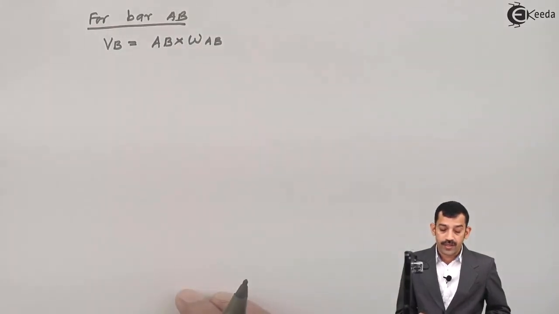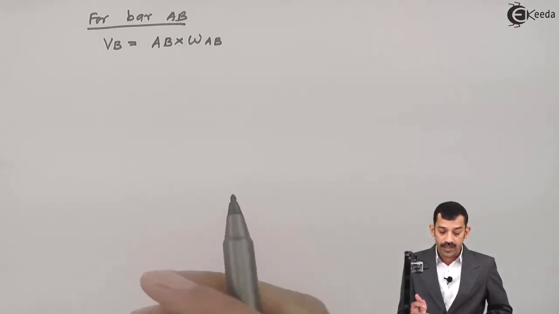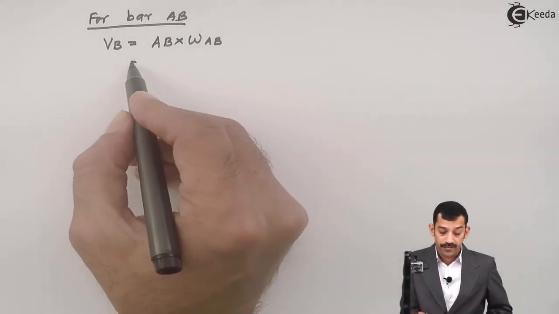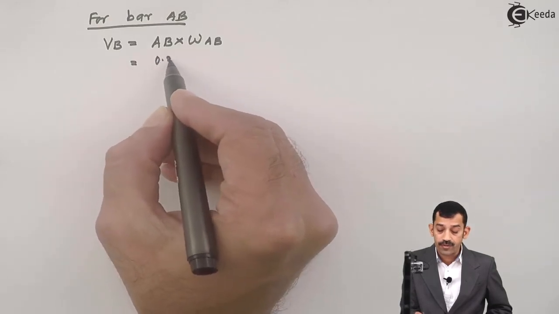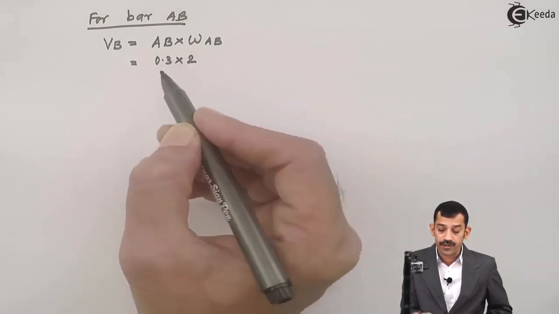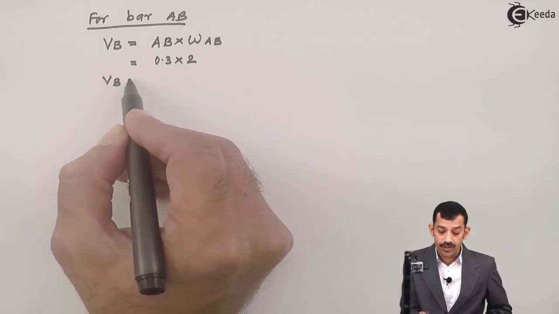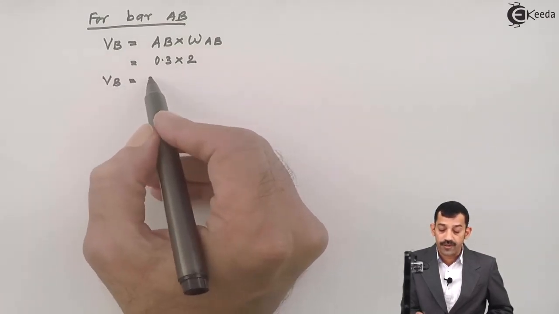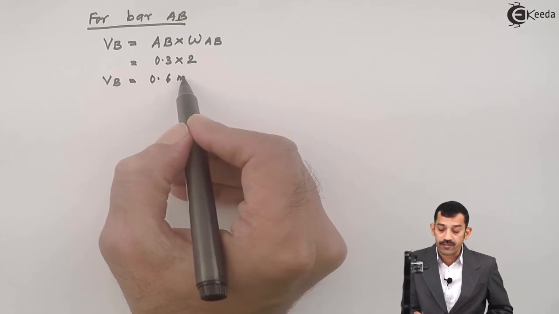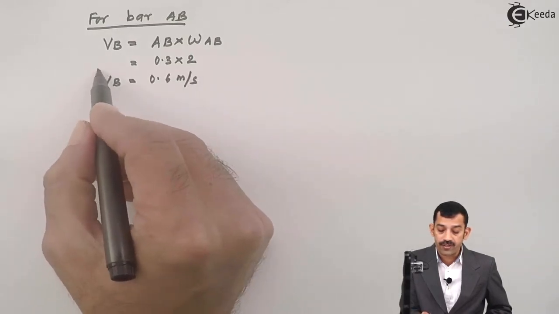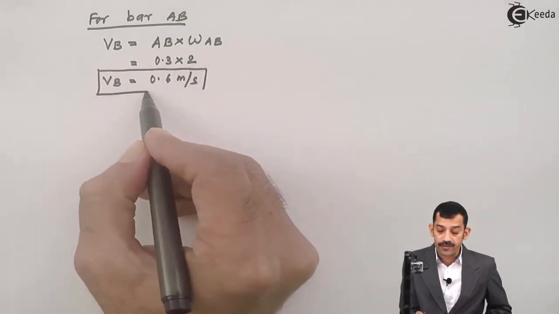Length AB is known, 0.3 meter. Omega AB is known, that is 2 radians per second. Therefore, substituting AB and omega AB, VB, linear velocity of point B, comes out to be 0.6 meters per second. This is the first part for link AB.